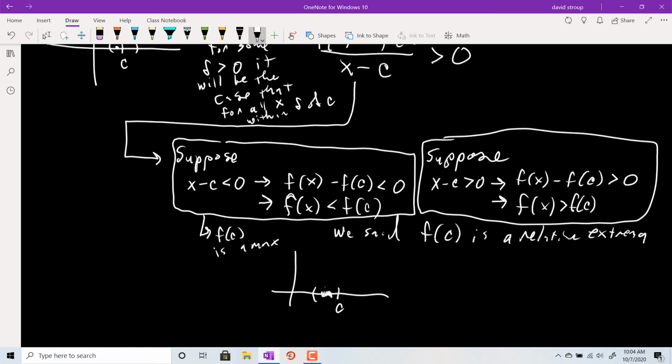But then when you go on the other side of c, you get this other supposition, which is implying that f of c is actually a min. Okay? So you can't have them both. These two facts together force a contradiction.